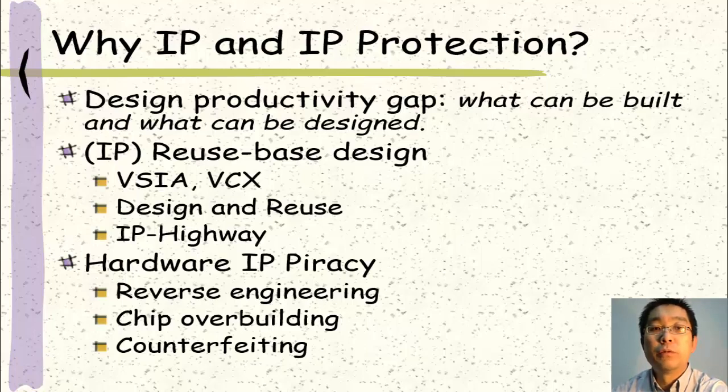Chip overbuilding refers to the scenario when a foundry fabricates more chips than the order and sells those extra copies to the market to make profits. Counterfeiting is the case when a low-quality product or IP is manufactured but sold as a high-quality brand name.